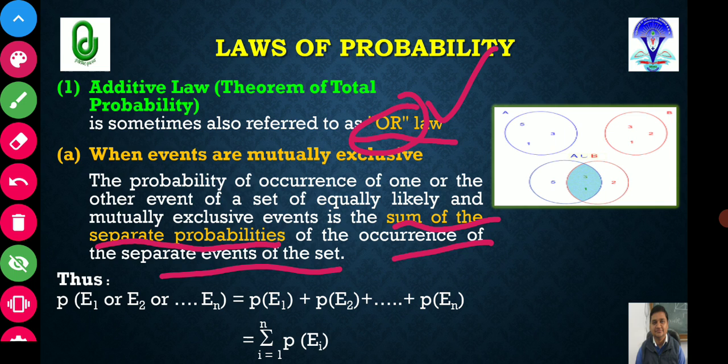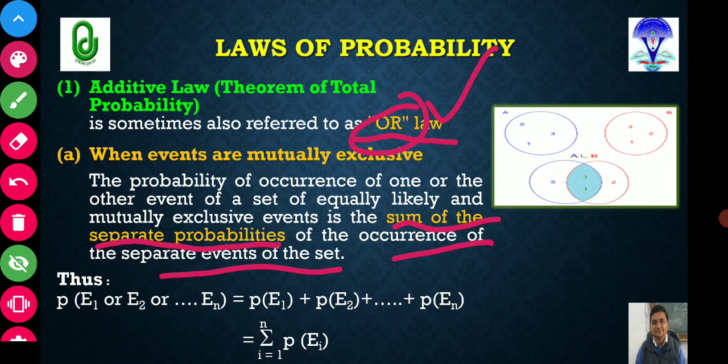So the probability of one or the other event of a set of equally likely events. Here you can see that head and tail are equally likely, mutually exclusive events, and the probability of occurrence of either head or tail is the sum of the separate probabilities of occurrence of separate events of the set.